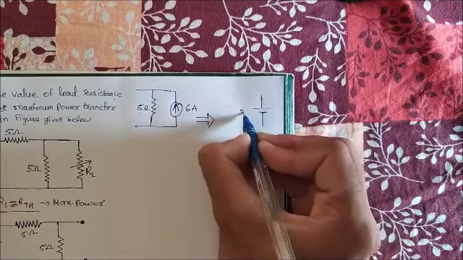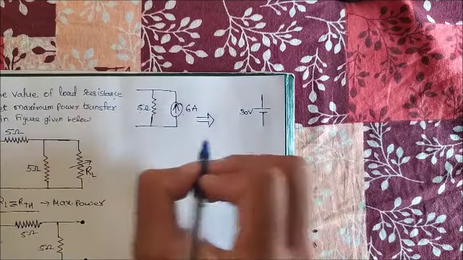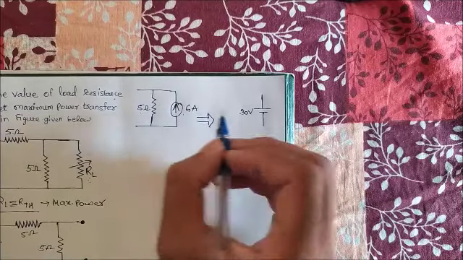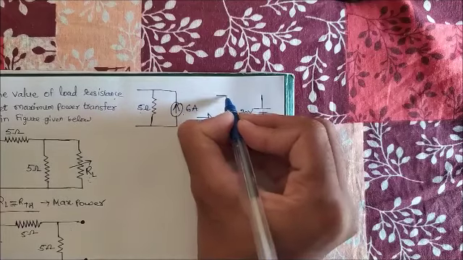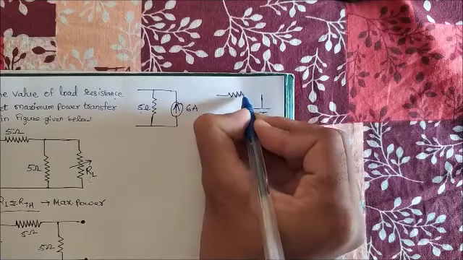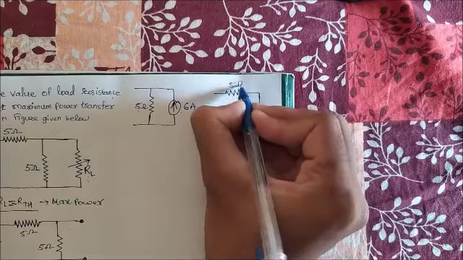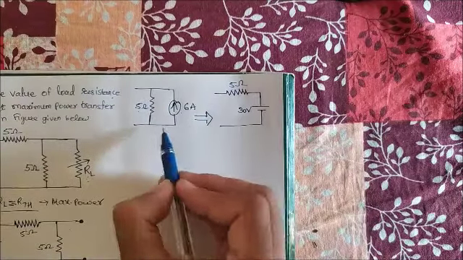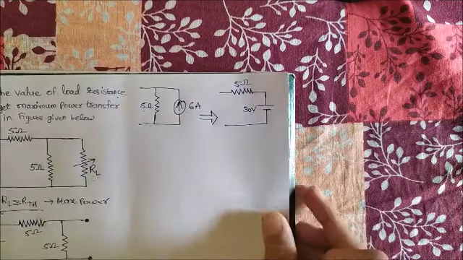This is your 30 volt voltage, so that is 6 ampere into 5 ohm is volt V. V is equal to IR, Ohm's law, and the resistance of 5 ohm will be in series with the voltage source, and this is your 5 ohm resistance, and this is your circuit. And in this manner we have done the source transformation.